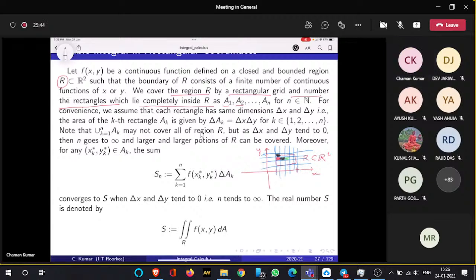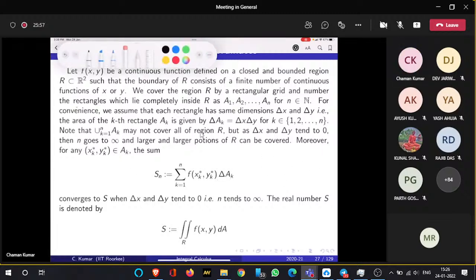Okay. And let us denote these rectangles as A1, A2, and so on to AN.